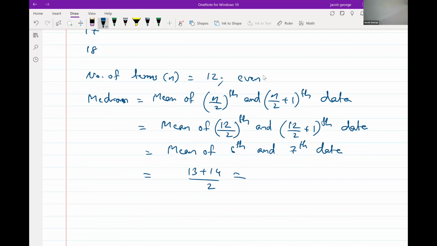Mean means add them and divide by 2. 13 plus 14, 27 by 2. What is that? 13.5. So this is the median. Median capital M is 13.5. Clear? Any doubts, children? Yes. Please write the steps. If there is any doubt, you can ask.